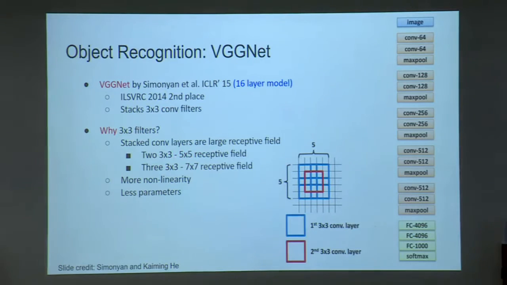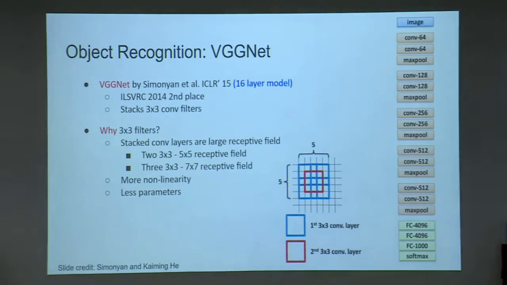The reason is, a 5x5 filter has 25 parameters, whereas a 3x3 has 9, and if I use two of them, it is 18, which is still less than 25. The same logic applies here: this is 49, but this is 9 times 3, which is 27. So it's about half of this. So definitely there is an advantage.